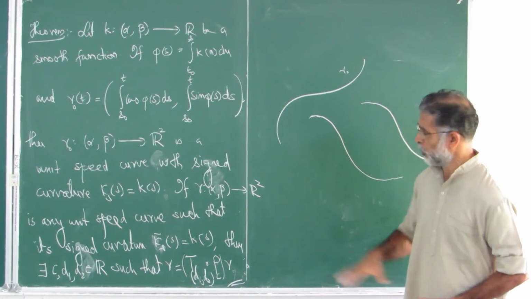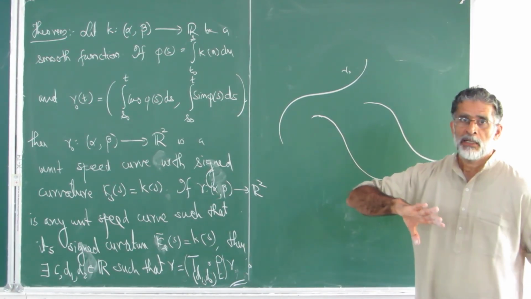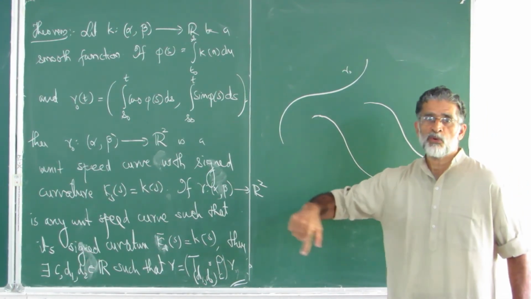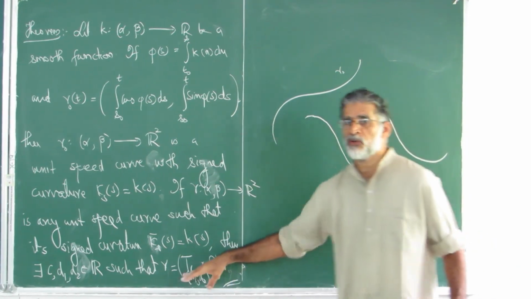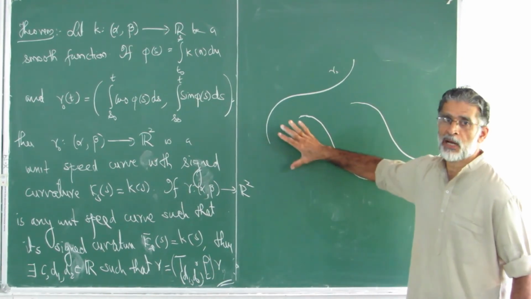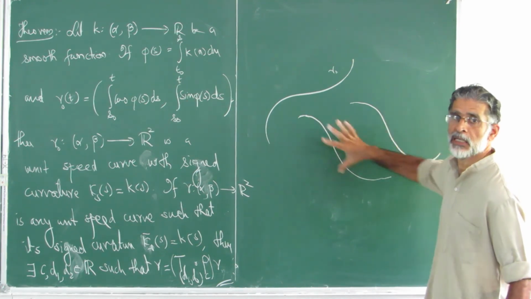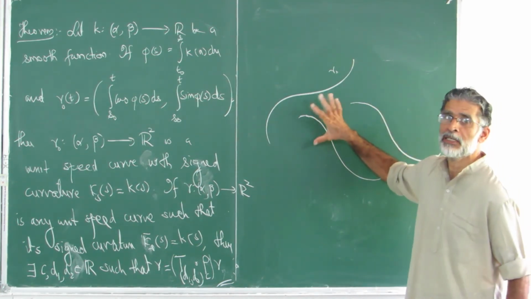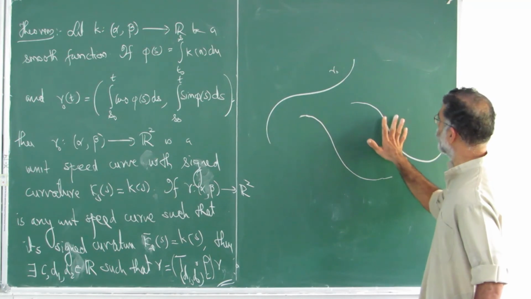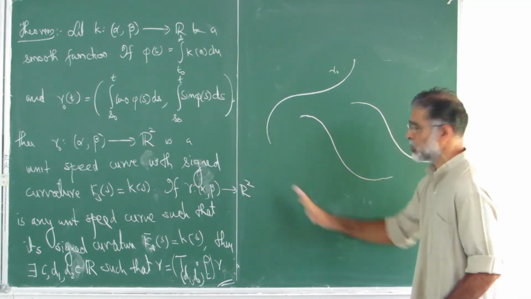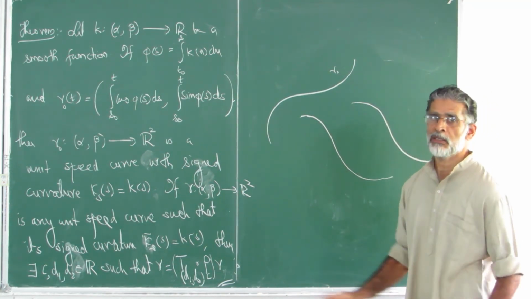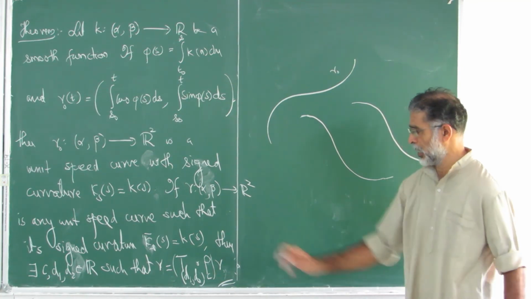So that determines the curve whose signed curvature is the given function K(s). Any other curve will be just moving this around, rotating it and translating. Any other curve that you get will be the same string, moved like this. That's the theorem that we are seeing.